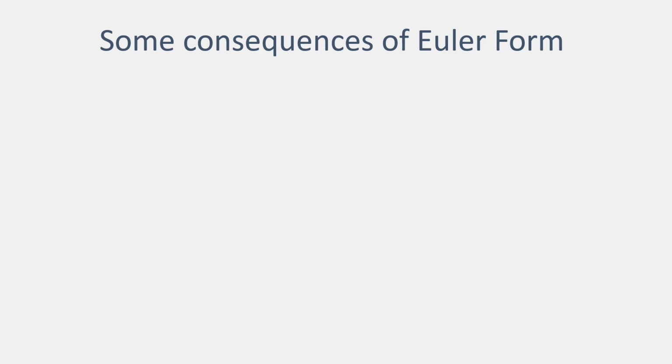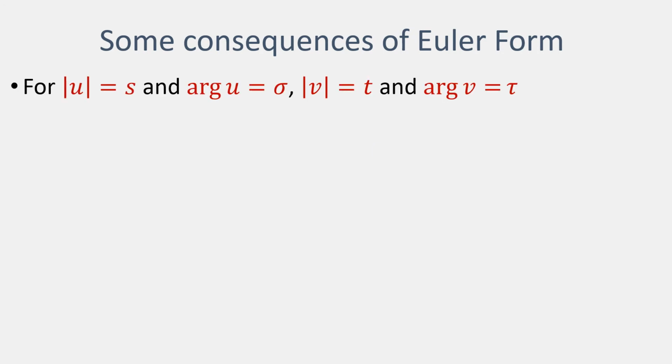We get a number of consequences from this Euler form. If we take any two complex numbers, let's say this one with size s, this one with size t, let's look at what happens when we multiply those two complex numbers. We're going to use the Euler form to do so, so we have the Euler representation of our first complex number and the Euler representation of our second complex number.